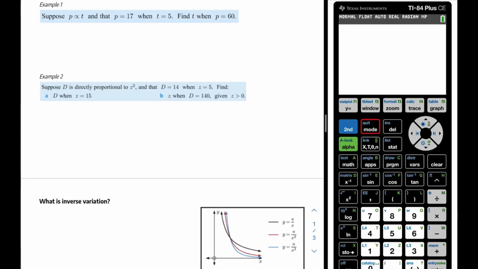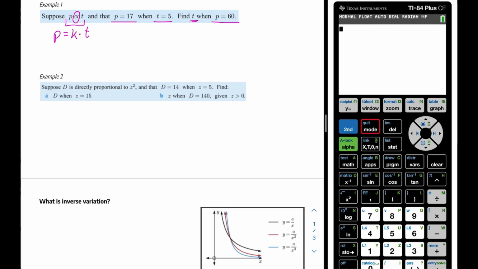So let's do an example. Suppose that p is directly proportional to t, and that when p is equal to 17, t is equal to 5. Find t when p is equal to 60. So first, let's deal with the fact that p is directly proportional to t. That means I can create an equation such that I have p times a number k, which is equal to t.